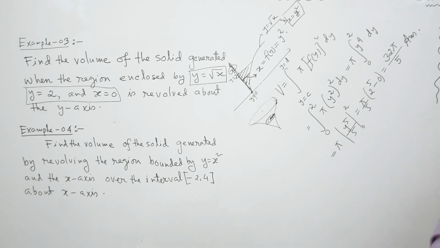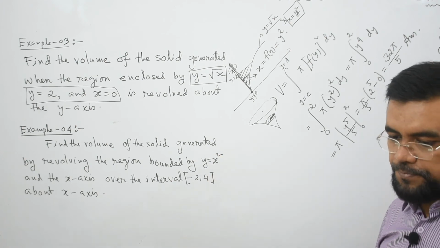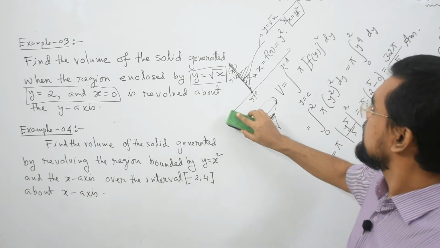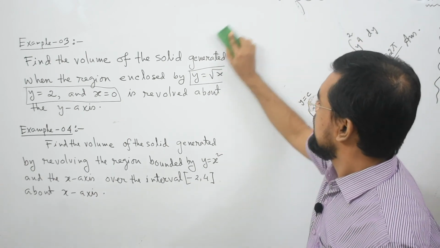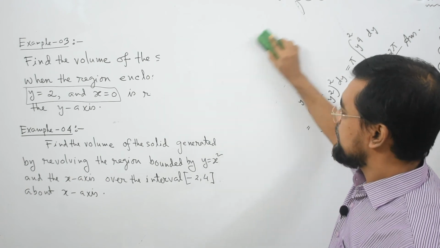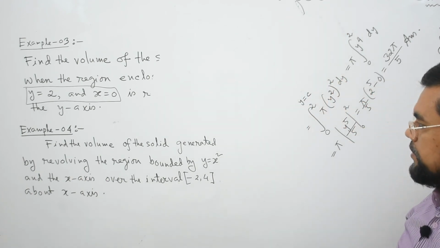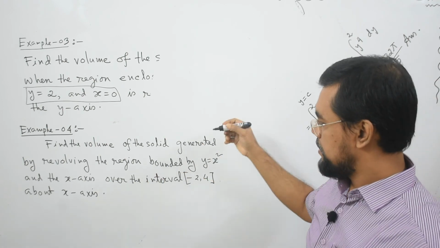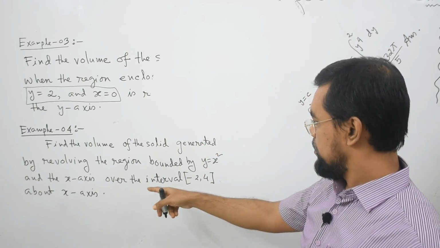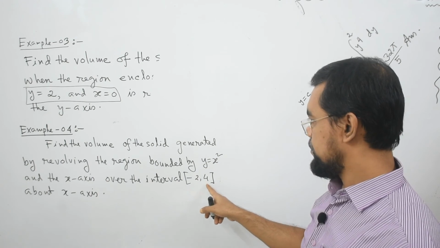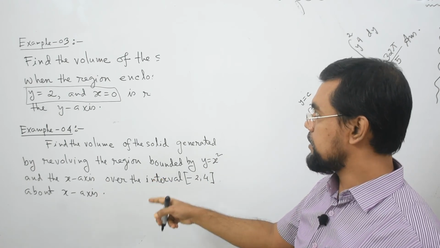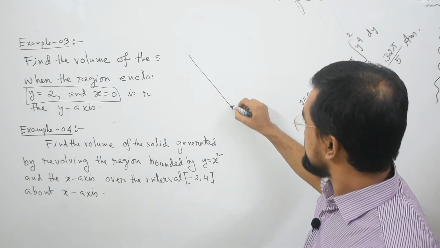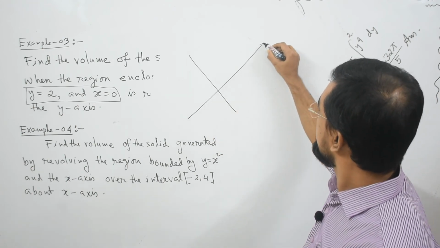Now let us try to understand example 4. It says find the volume of the solid generated by revolving the region which is bounded by y equal to x square and the x-axis over the interval minus 2 to 4 about the x-axis. So how can we do that? Let us first try to graph.